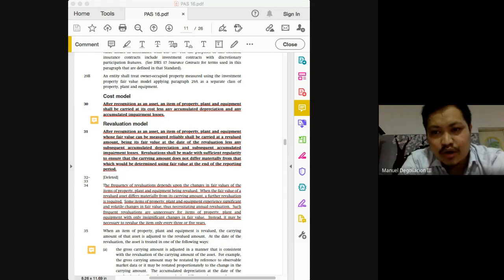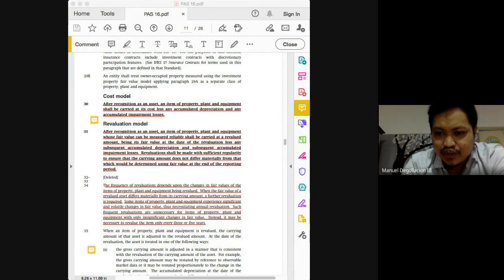So when you are restating the carrying amount of your PPE from its previous carrying amount to its revalued amount, which is again your fair value, please be careful in case the problem gives you the fair value less cost to sell. That is not the correct amount to use. It should just be your fair value.